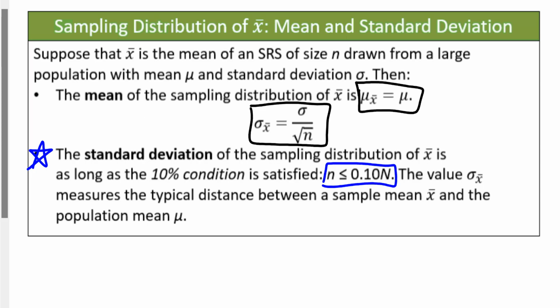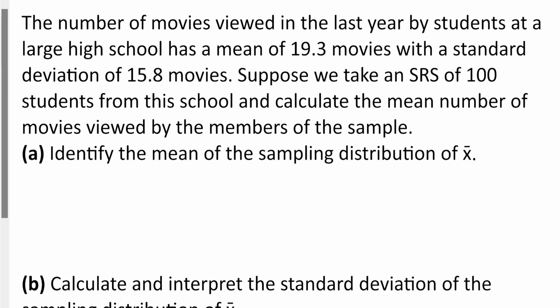So let's apply that here real quick. We have the number of movies viewed in the last year by students at a large high school. Now, it's worth noting a large high school, probably over 1,000. It's good to note that. It has a mean of 19.3 movies and a standard deviation of 15.8 movies. So a lot of spread there compared to the mean. Suppose we take a simple random sample of 100 students from this high school and calculate the mean number of movies viewed by the members of the sample.